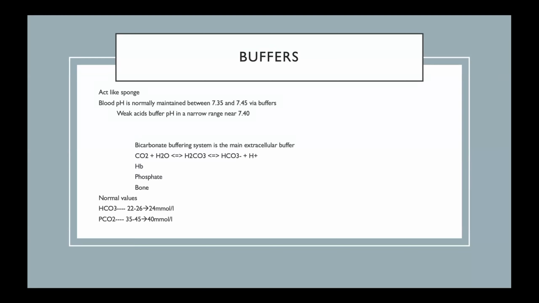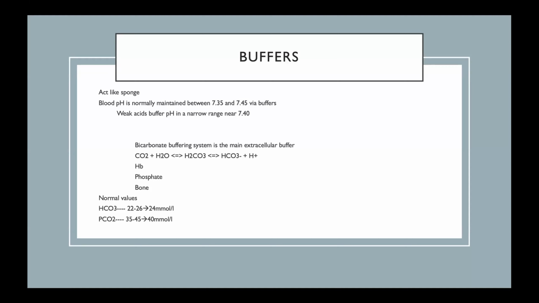You know how it works. Carbon dioxide and water form H2CO3, which dissociates into bicarbonate and H plus ions. Other buffers are hemoglobin, phosphates, and bone, which also do some buffering of the hydrogen ion.